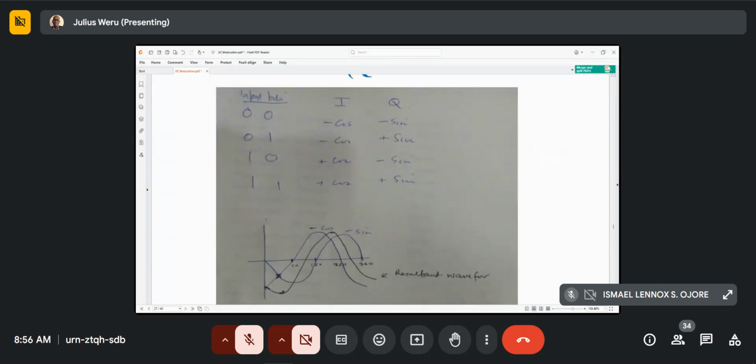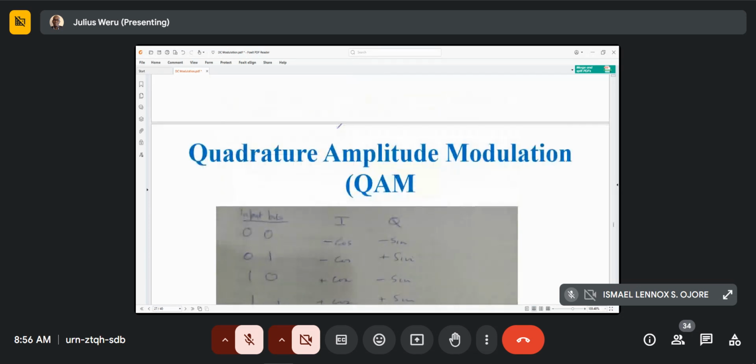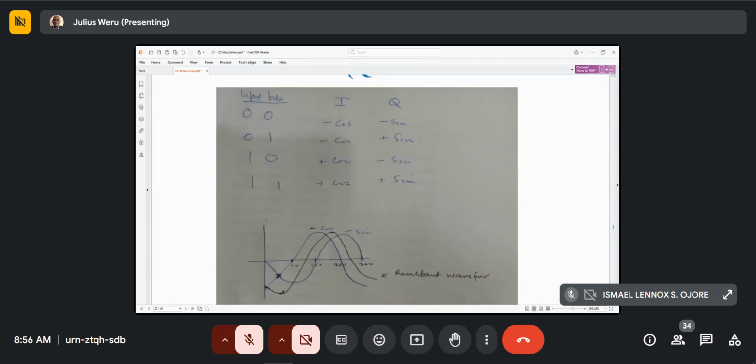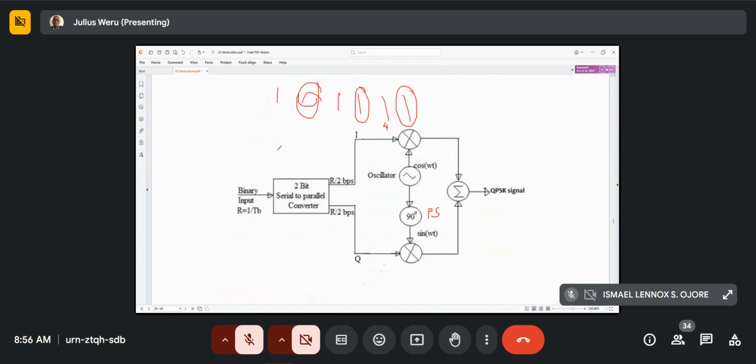So here you have your 0, 0. 0 is represented by a minus cosine. Here, 0 will be minus and 1 will be plus.